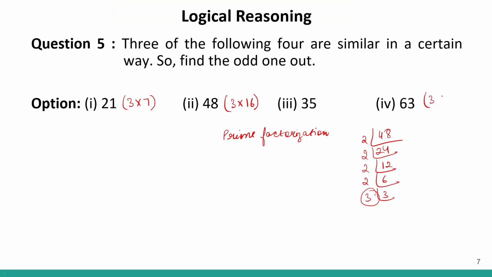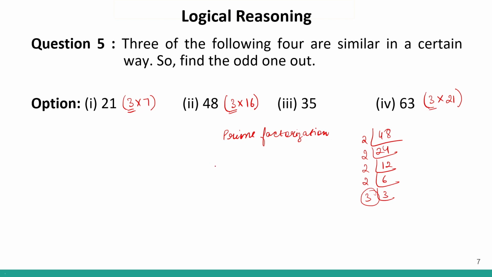Similarly, over here it will be 3 into, how much? 3 into 21 will give me 63, correct? So here I can see that 21 is also a multiple of 3, 48 is also a multiple of 3, and 63 is also a multiple of 3.